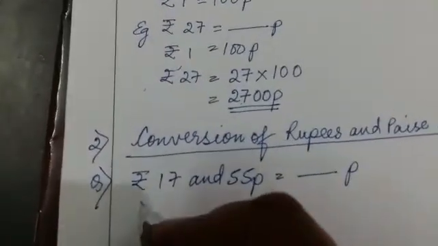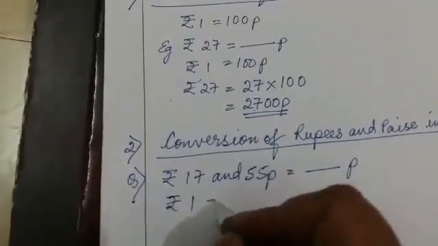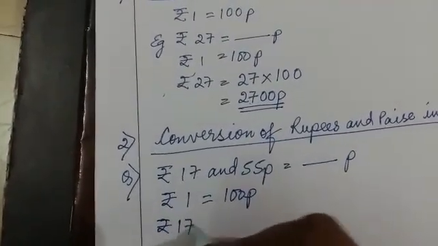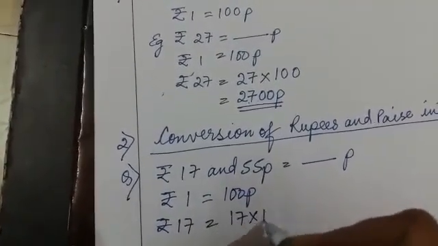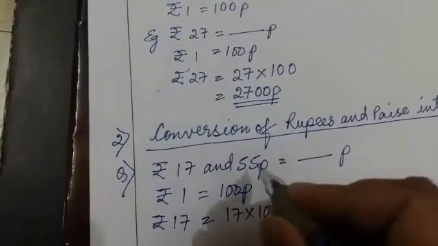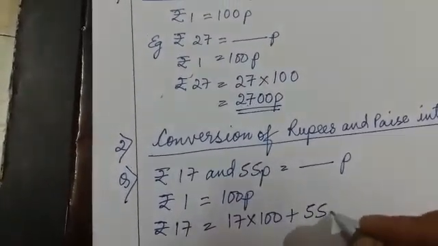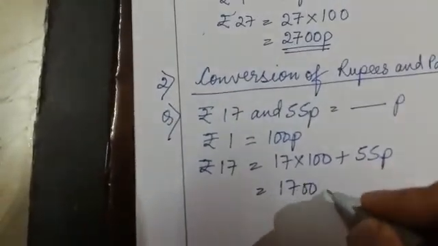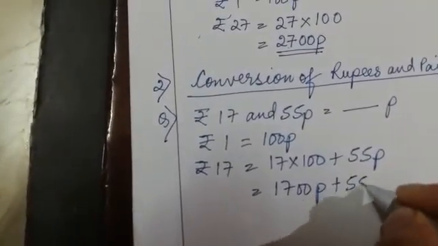So what do we have to do? We have to write rupees 1 is equal to 100 paisa. Then rupees 17 is equal to 17 into 100, and then we will add the paisa given here, that is 55 paise. So it will be 17 into 100, 1700 paise, plus 55 paise.